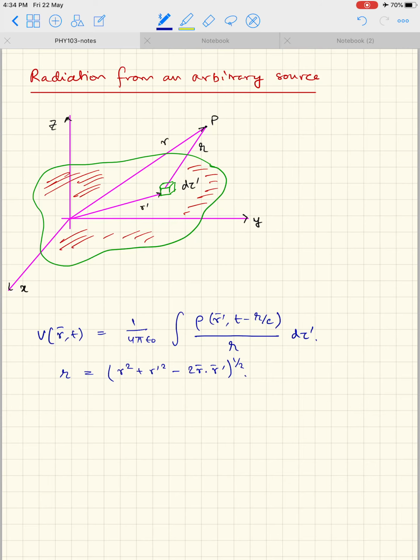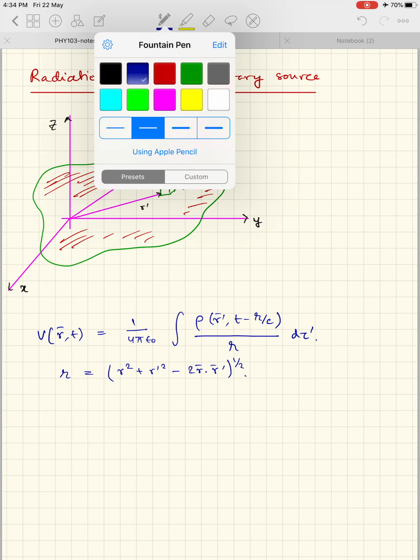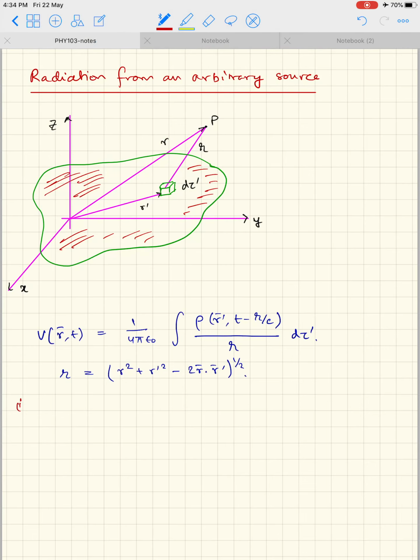Now what are we going to do? We are going to make the approximations that we were making earlier. Let's say approximation 1. This is r primed is much less than r.